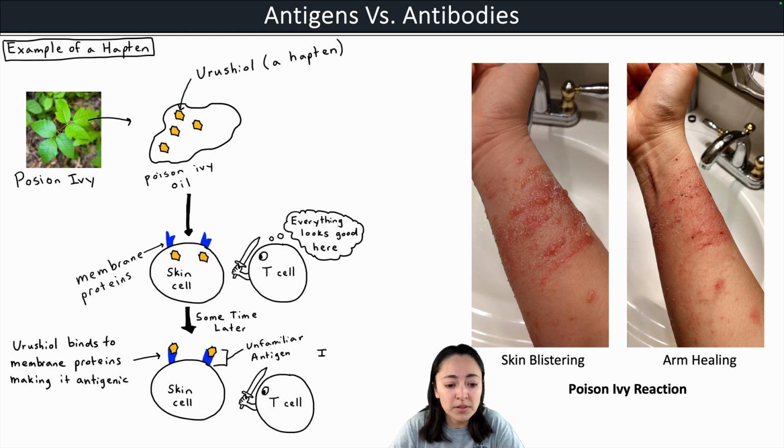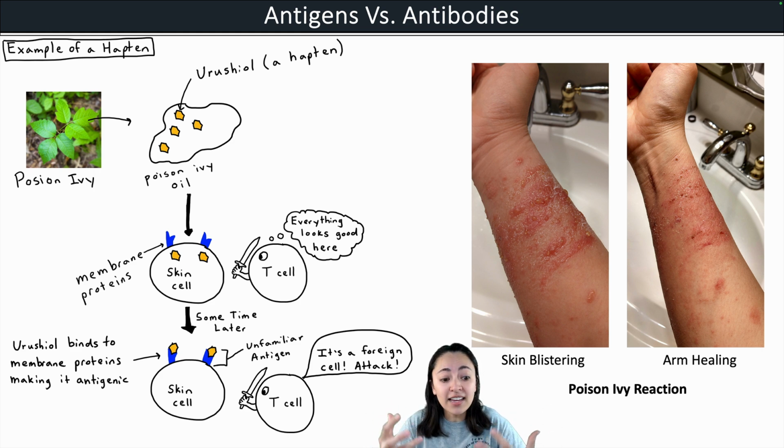Your immune cells will recognize that as something foreign and say it's a foreign cell attack. Your body thinks your skin cells are foreign because the urushiol has bound to the proteins on your skin cells and created something that appears foreign.